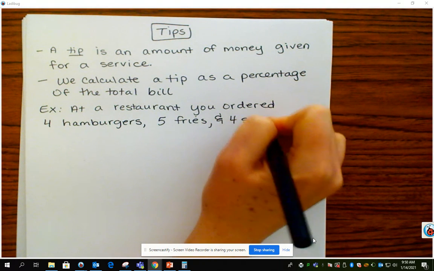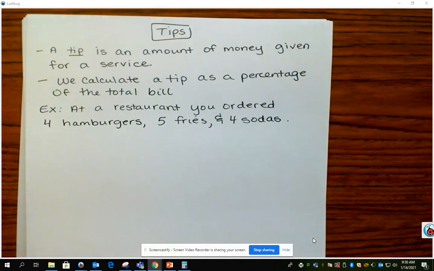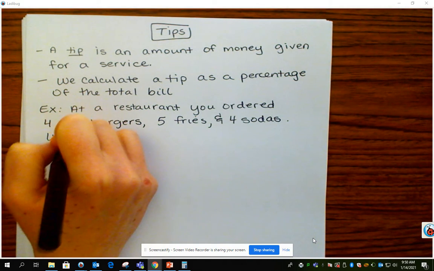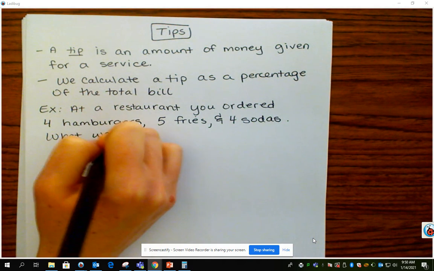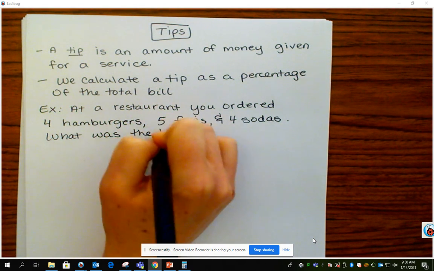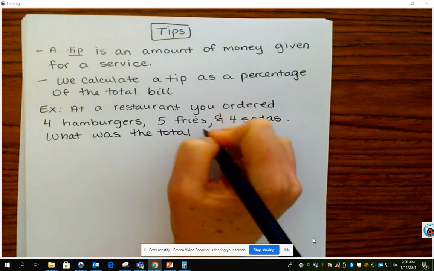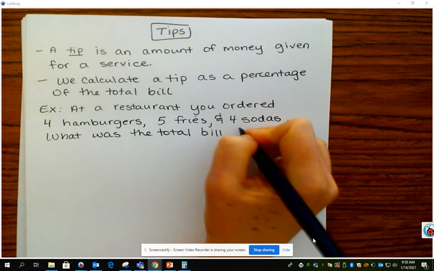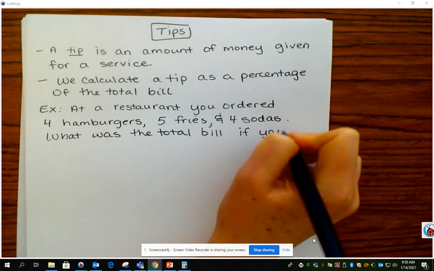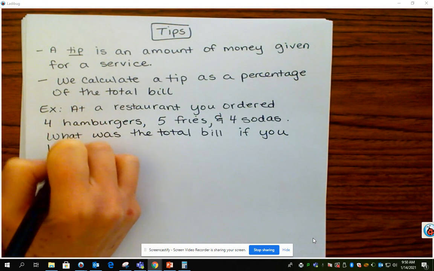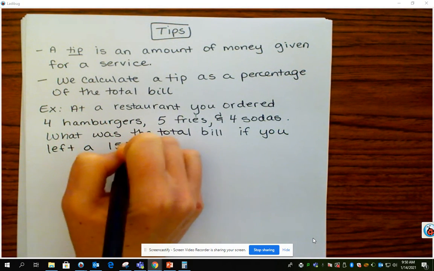You were either very hungry or you went with friends. All right. What was the total bill if you left a 15% tip for the waiter?